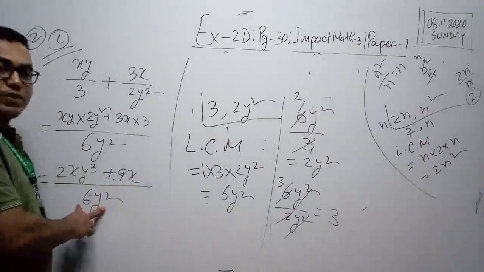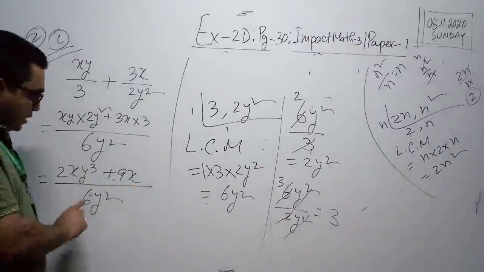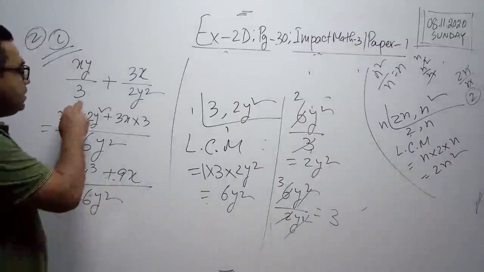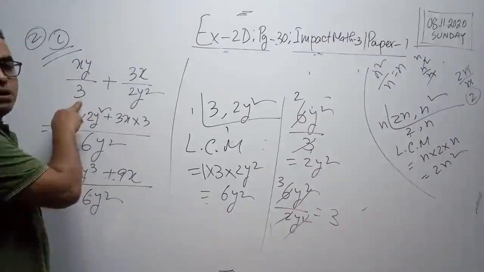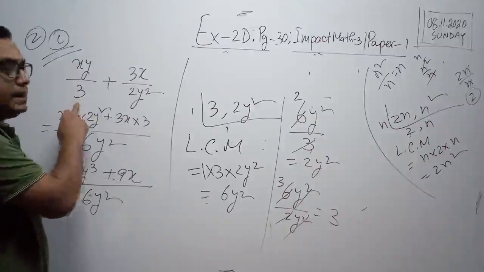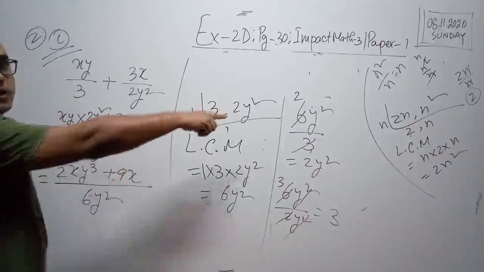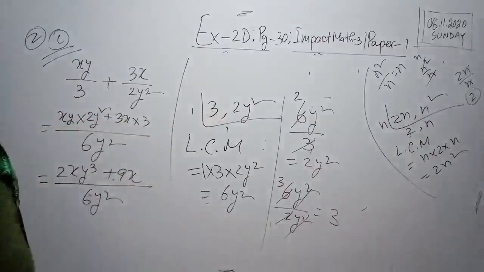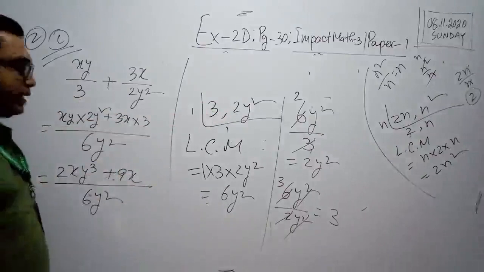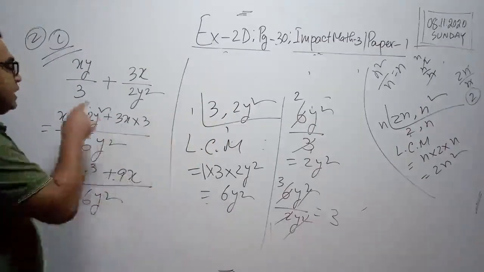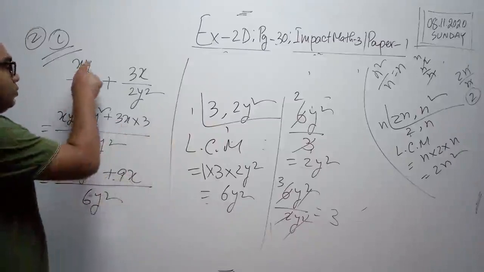Now divide 6y square by the denominator of the first term. The denominator is 3. 6y square divided by 3 is equal to 2y square. It is called the quotient.